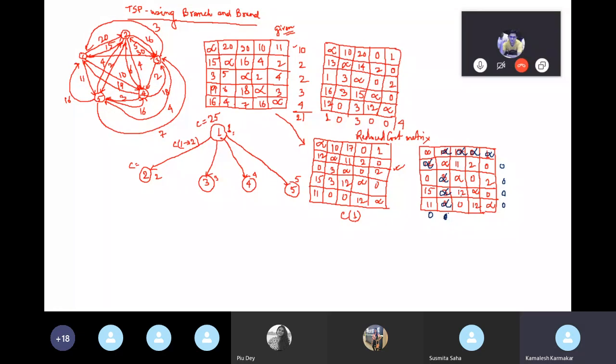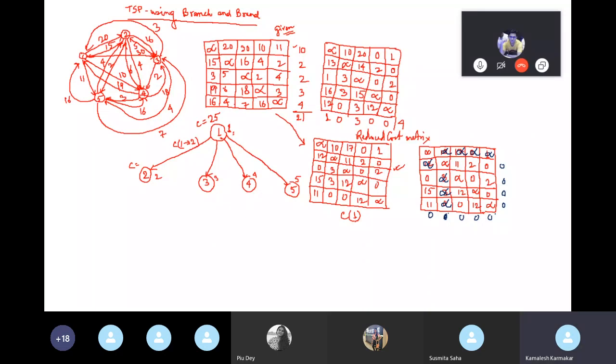Then 11, 0. Again in this column it's 0, and in this column again it's 0. So no further reduction is needed, because all the values are 0. If one or more values are non-zero, then that cost needs to be considered. Here this cost is 0, so no further reduction is needed.